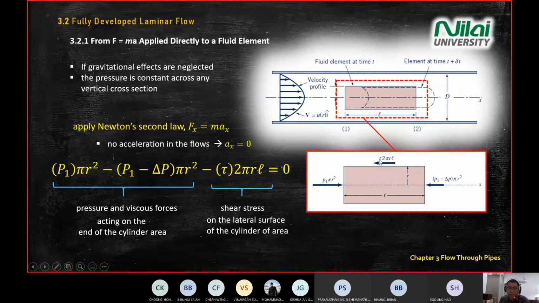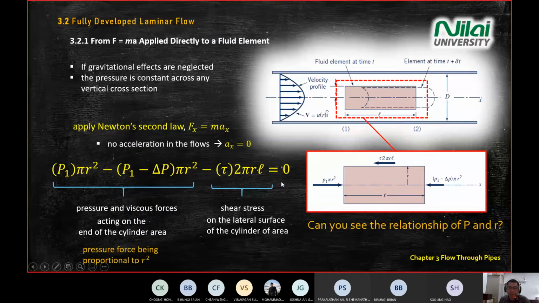You can look at shear stress as the friction or resistance force that exists between the fluid and the wall. This is also a resistance force that keeps the flow from flowing. Then you sum up everything, and in this equation you see the relationship between R and L.